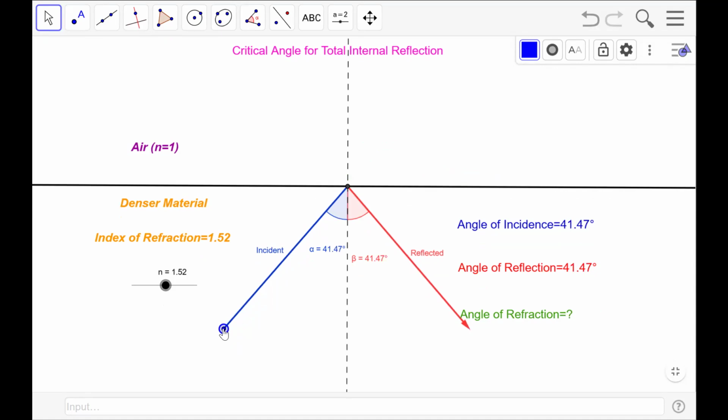In that case, all the light rays are reflected back into the same medium. There is no refraction because the angle of incidence is greater than the critical angle. So the entire light is reflected back into the denser medium, that is the same medium.